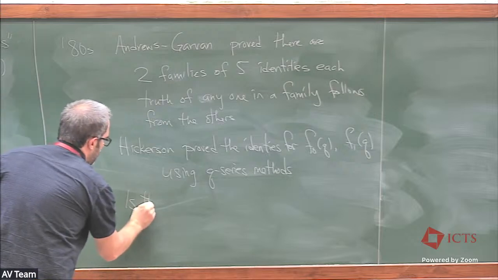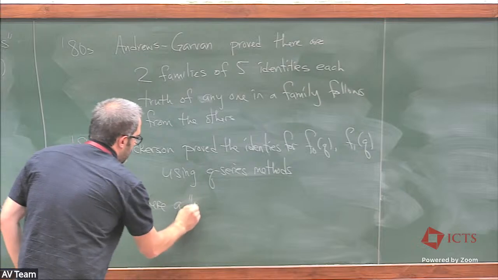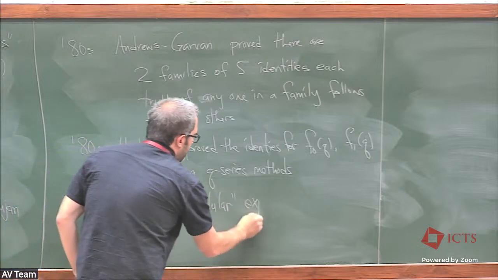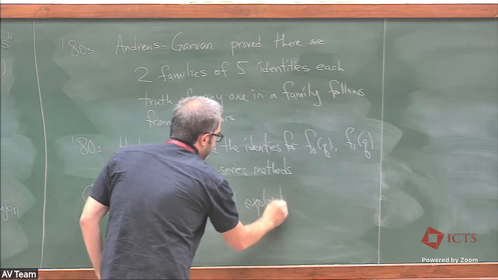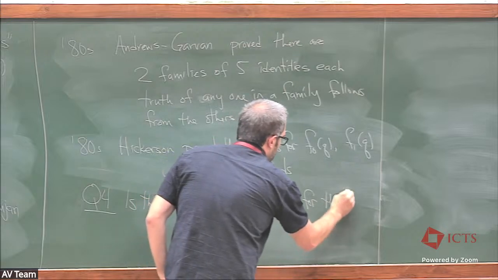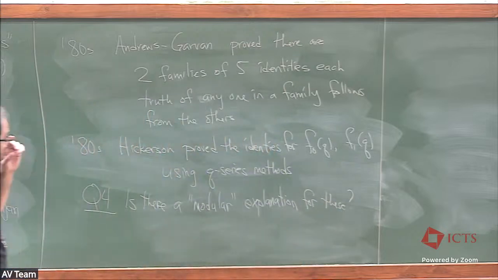Is there a modular explanation for these? So is there a proof of the Mock theta conjectures that really uses the structure? Well, if there is some structure, like I said in question 1, if that structure exists, then can we use that structure to actually prove these Mock theta conjectures, and what does that look like?